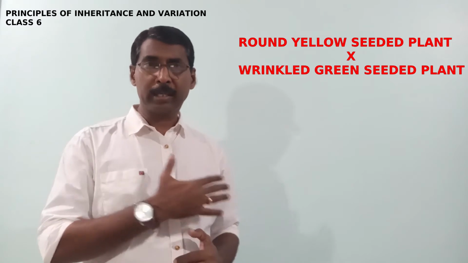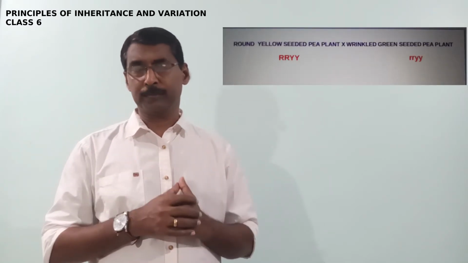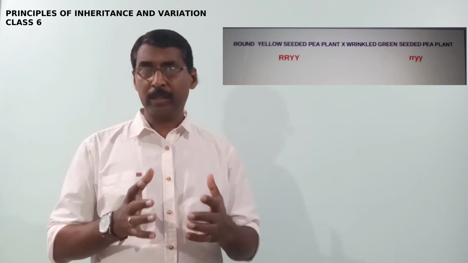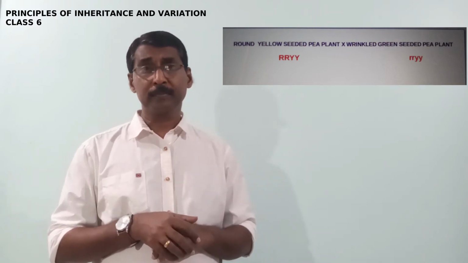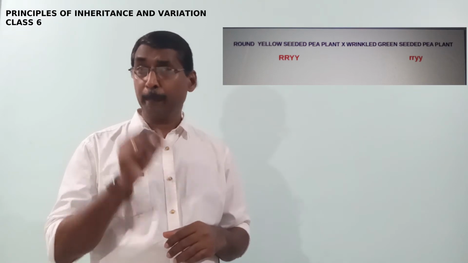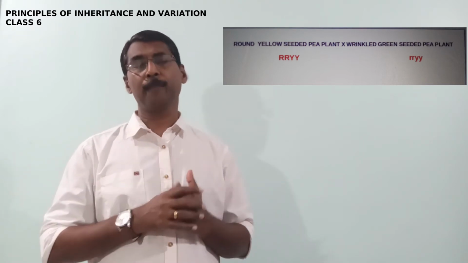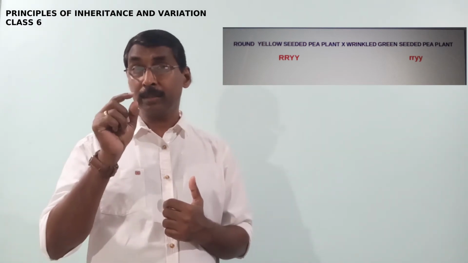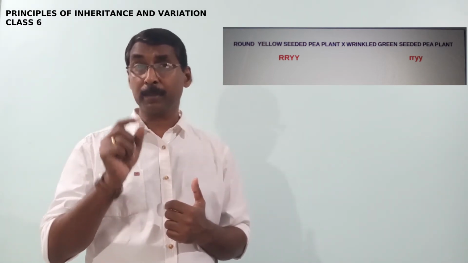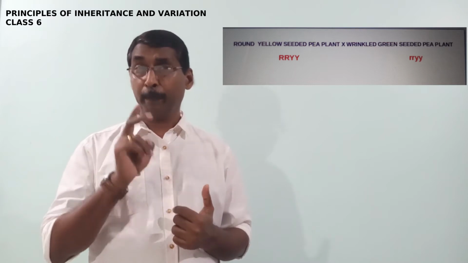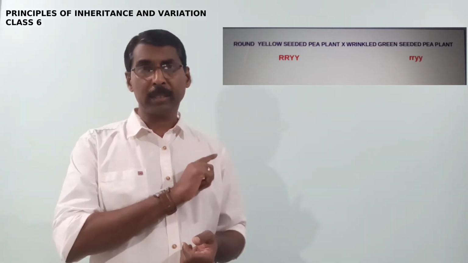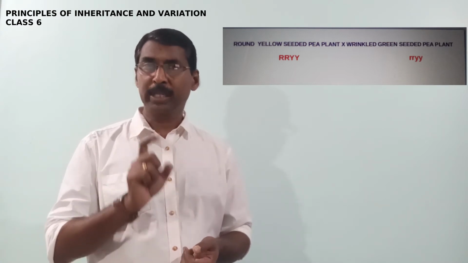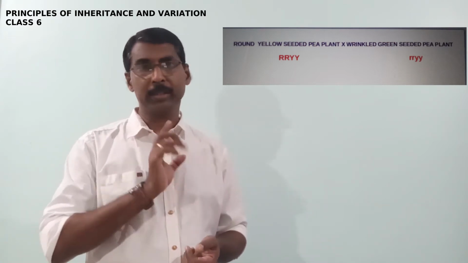Now let us write down the genotype of these parents also. According to Mendel's factor hypothesis, every character is controlled by a pair of factors, a pair of alleles. So the round shape of the seed is produced by a pair of alleles. Here it is represented as capital R because round shape is dominant over wrinkled shape.